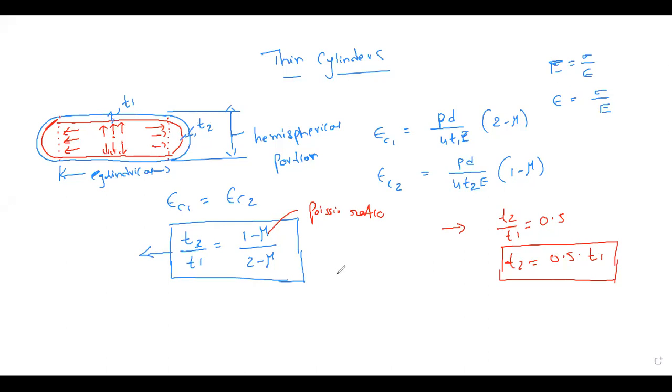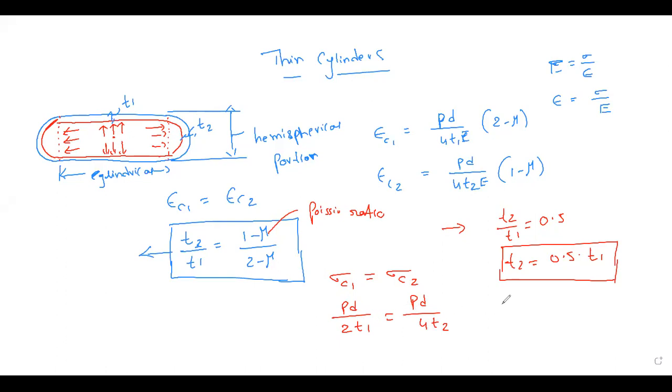By equating the two stresses, at the cylindrical portion the stress will be PD by 2T1. What will be the stress at the hemispherical portion? It is PD by 4T2.